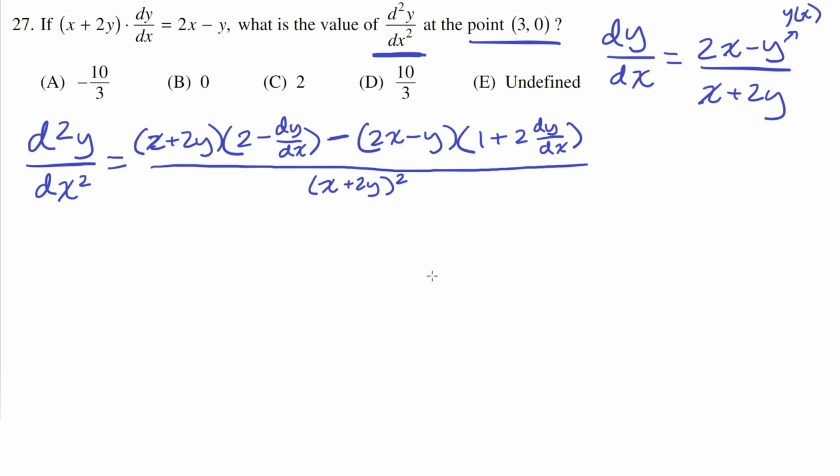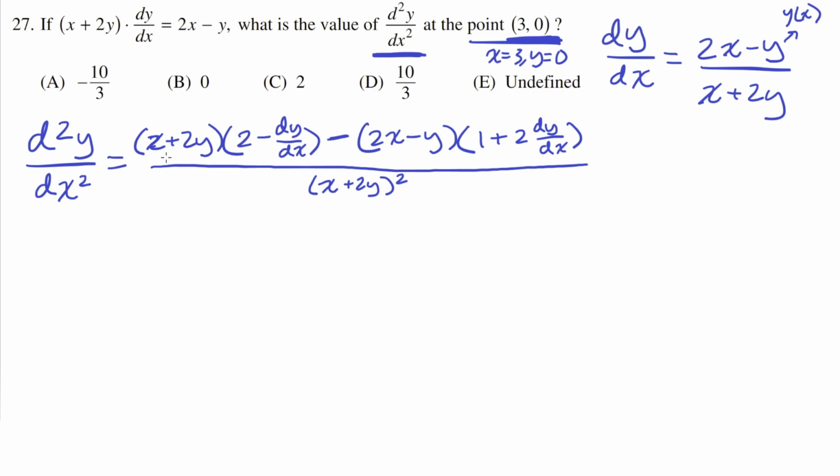So now we have this expression that gives us the value of the second derivative of y with respect to x. What we need to do is find this second derivative at the point (3, 0), so when x equals 3 and y equals 0.